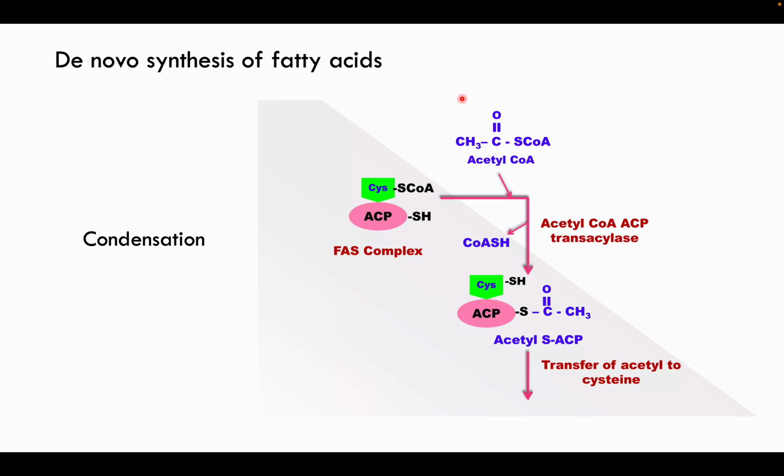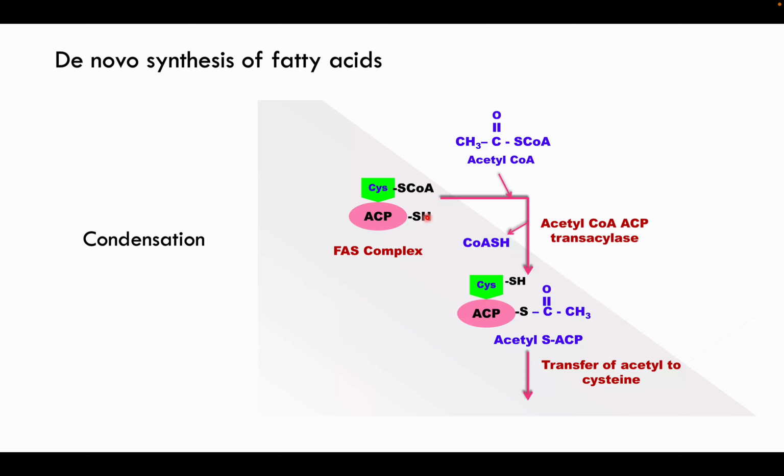So here you can see we have an acetyl coenzyme A, and then we have this FAS complex, or this is the enzyme, like the coenzyme A with the cysteine group, which is attached to the acyl carrier protein. And with the help of this acetyl coenzyme A ACP transacylase, you see this coenzyme A and here, all the group of this gets transferred to here, right?